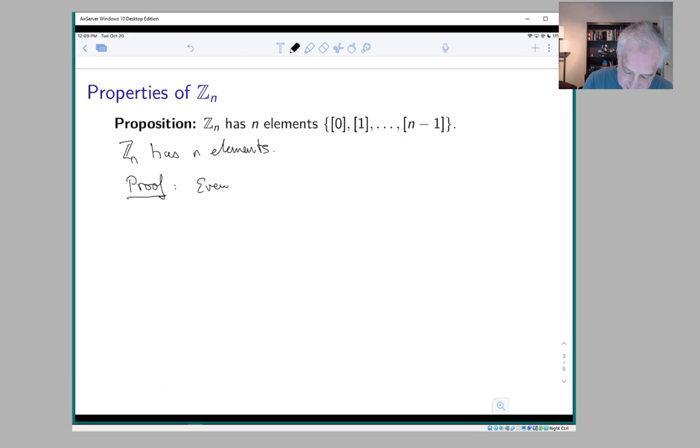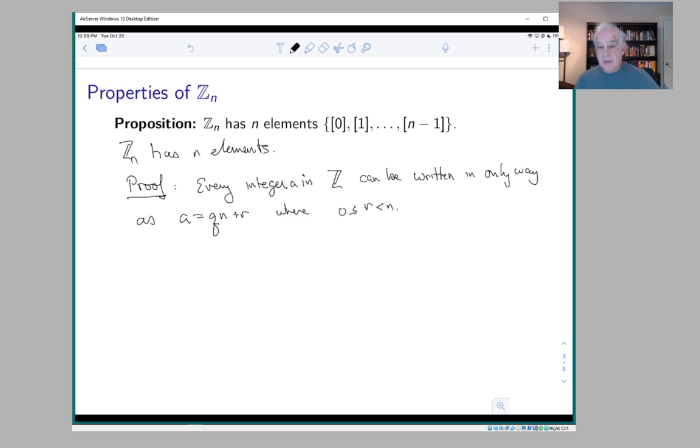Every integer in Z can be written in only one way as, let's call the integer a, a equals qn plus r, where r is bigger than or equal to 0 and less than n. So in other words, when you divide a by n, you get a quotient of q and a remainder of r, and the remainder r is between 0 and n.